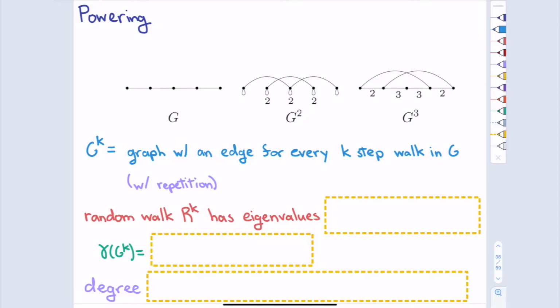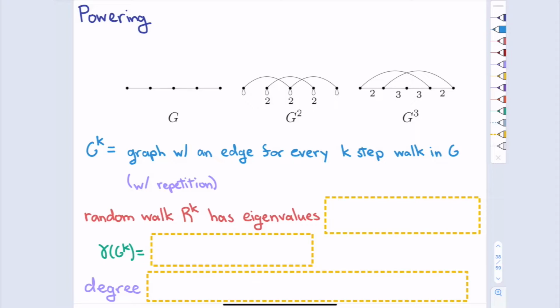So you just imagine generating edges for all k-edge walks, and one technicality is that you may have many edges repeat because there may be several ways to get from point A to point B with 5 edges or something. So you'll have that many edges with multiplicity. Okay. Fine.